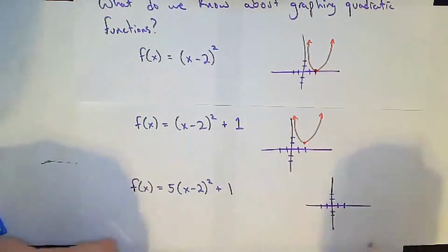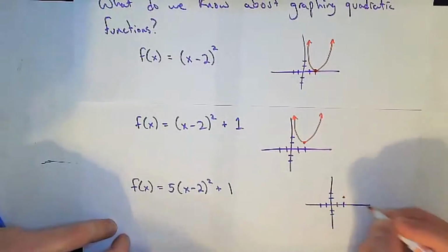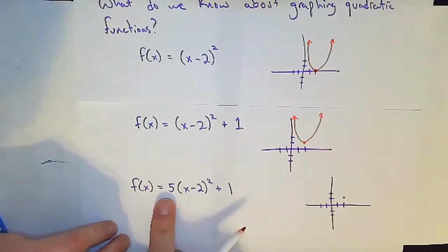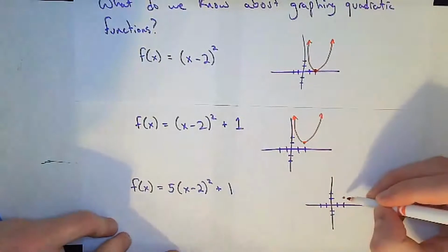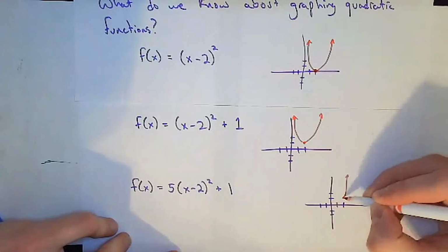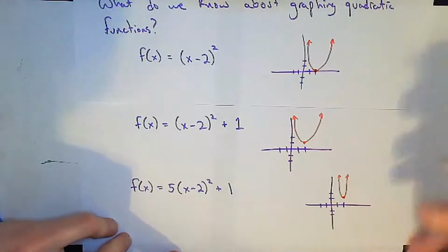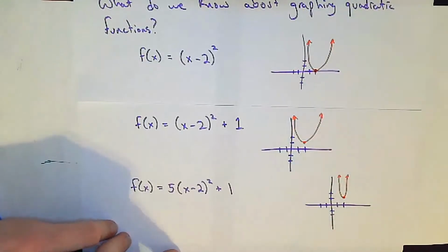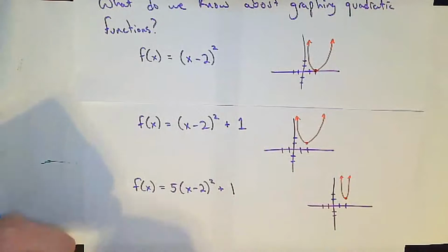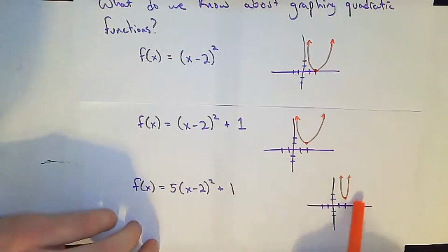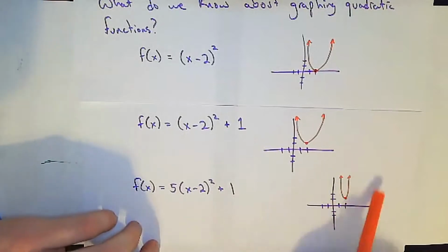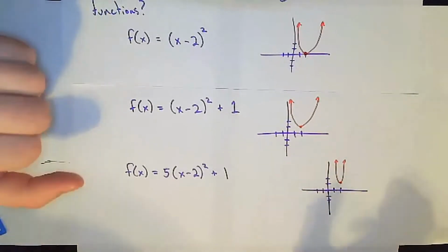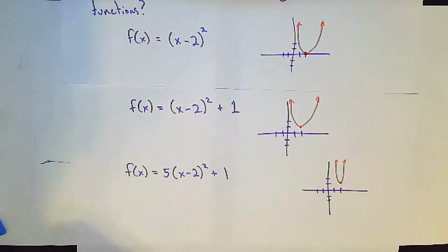So you see I haven't changed that vertical horizontal shifting. But if it's got a number multiplied on the outside that's bigger than 1, that's going to stretch it vertically, right? So it should get more narrow, like it should grow taller, faster. Maybe that's a bit of an exaggeration, maybe it shouldn't have been that steep, but that really gets the point across that it's getting vertically stretched.